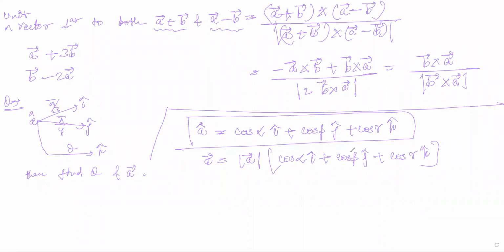So you will find out the third angle and express it in the form of its direction cosines. So theta is pi by 3. Yeah, correct. So vector A is 1 by 2 i plus 1 by root 2 j plus 1 by 2 k.